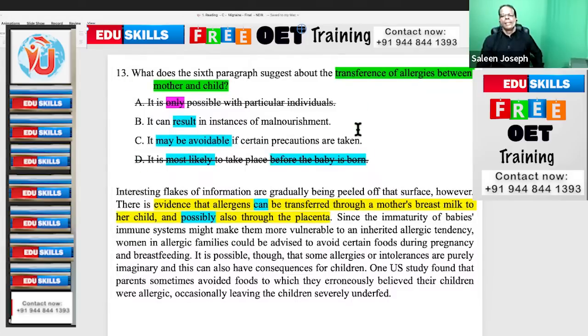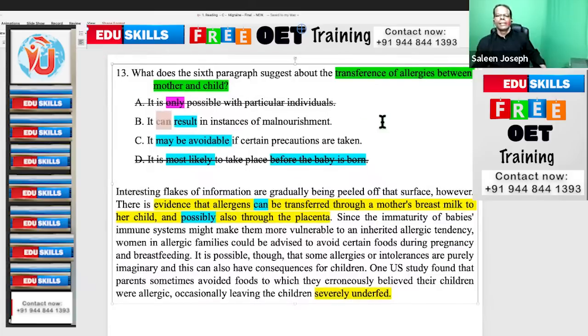Option B: it can result in instances of malnourishment. Something is said about malnourishment somewhere. One US study found that parents sometimes avoided foods to which they erroneously believed children were allergic, occasionally leaving the children severely unfed, meaning malnourished, right?